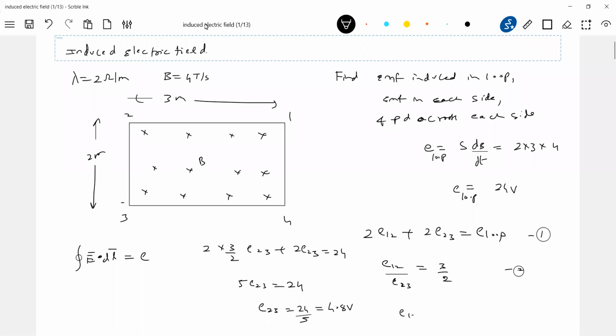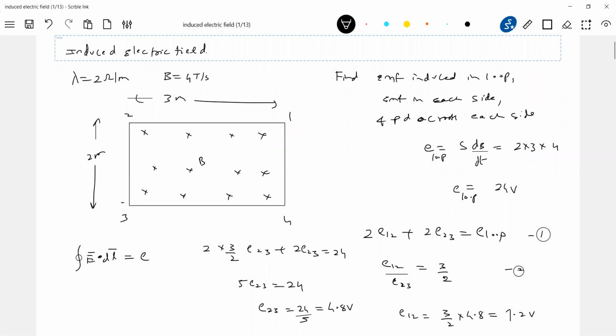Then how much will E12 be? 3 by 2 into 4.8, which is 7.2. So there's the EMF induced in each side.